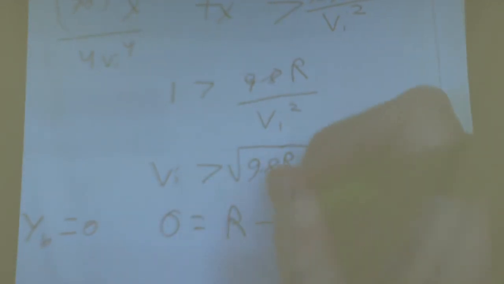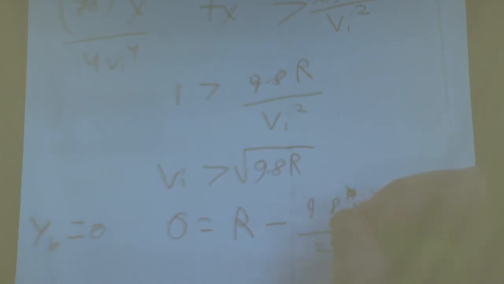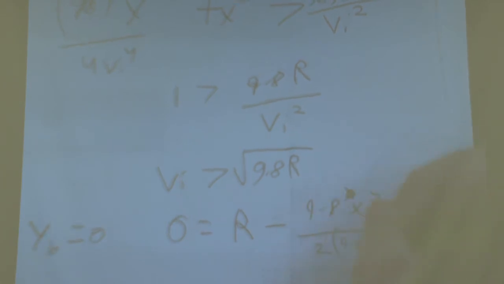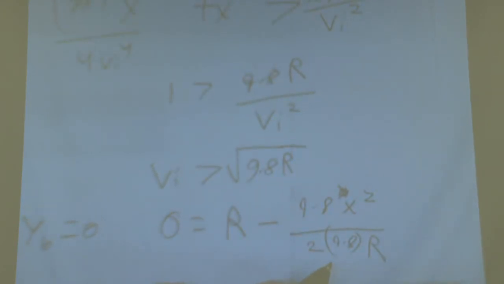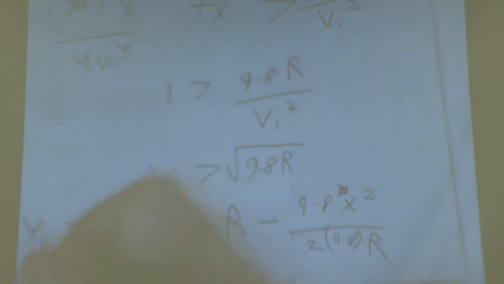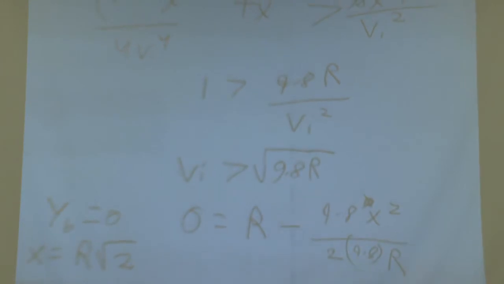So if we have 0 equals r minus, we have that.